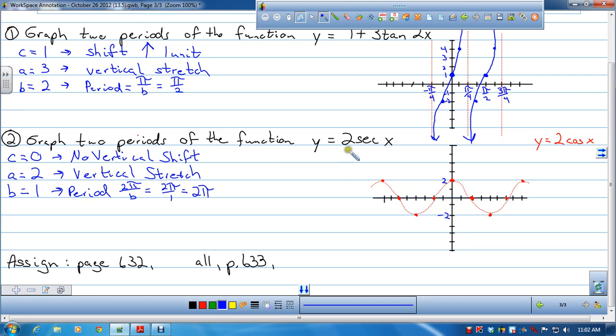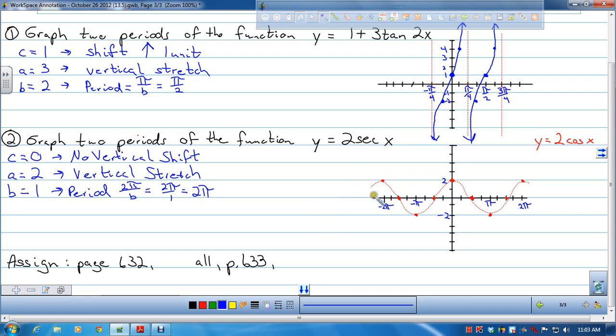I also know that I didn't affect the period, so I went through one period. This must be 2 pi out here, which would make this in the middle be pi, and these others would be at the half pi and 3/2 pi, so on and so forth. So -pi, -2 pi. Okay? So I've got all those key points labeled there.